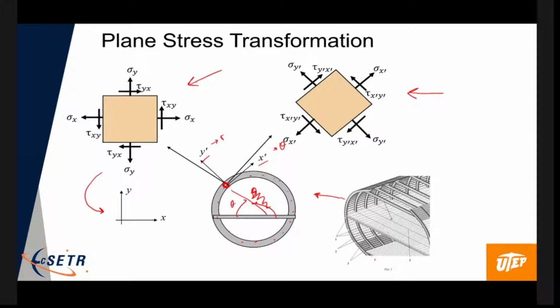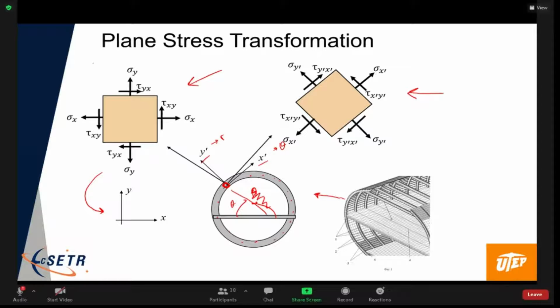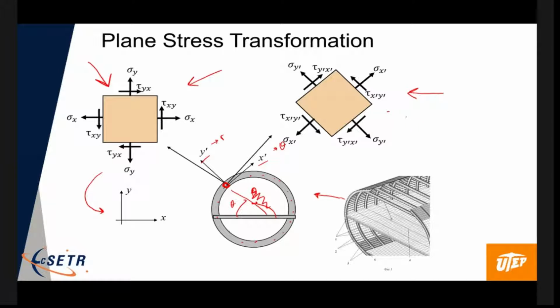Somehow there is some aspect of this that is invariant as we look at it in different coordinate systems. So if you had a failure law, some rule that predicted when the material would fail, if you put in these components, you better get the same answer if you put in these components.